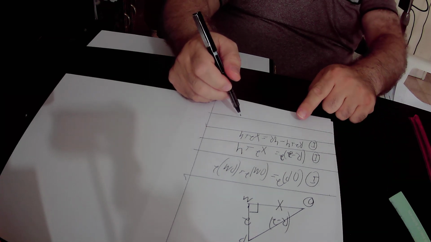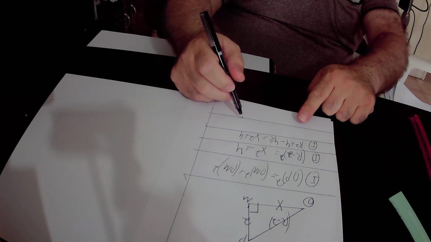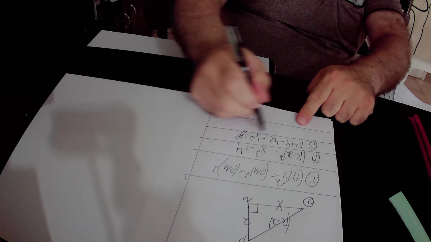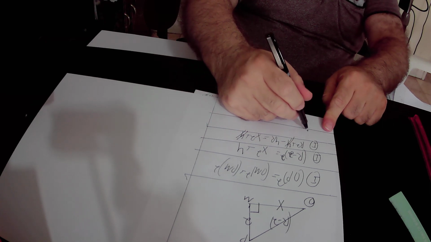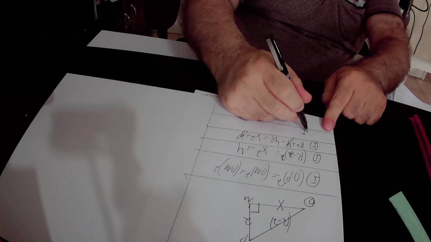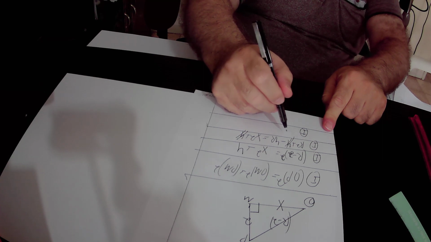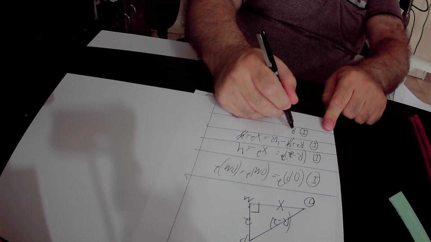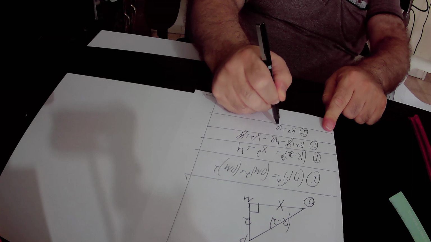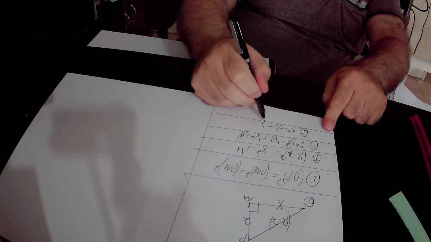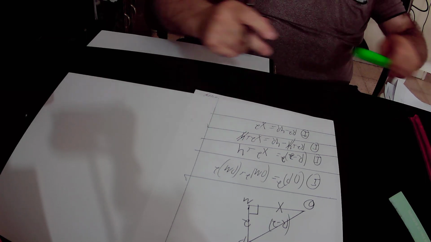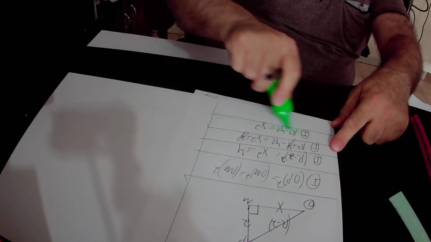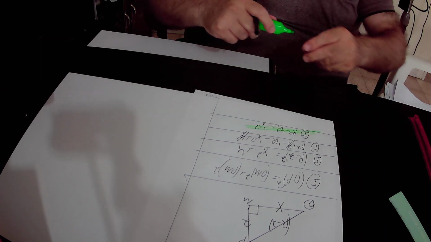Here we have 4 on both sides of equation number 1, so 4 will get cancelled. What is left from equation number 1 after we cancelled 4? On this side we have R square minus 4R, and that is equal to X square. So according to equation number 1, we found out that X square equals R square minus 4R.